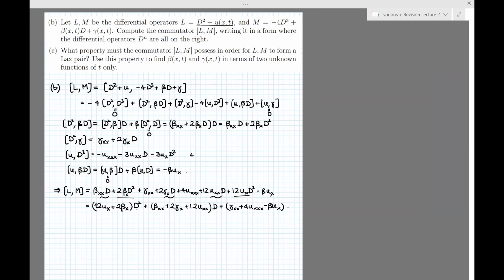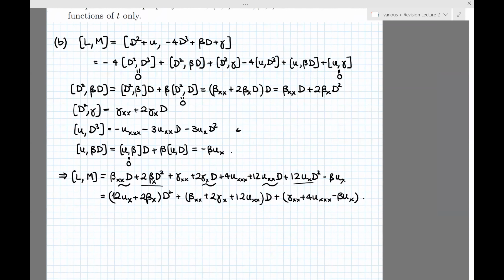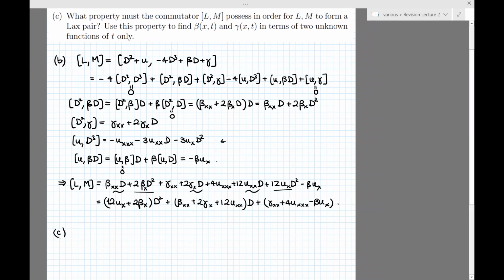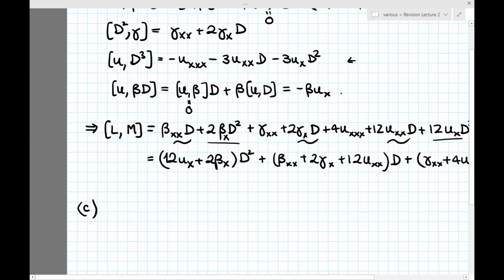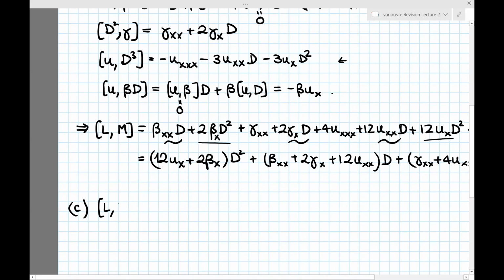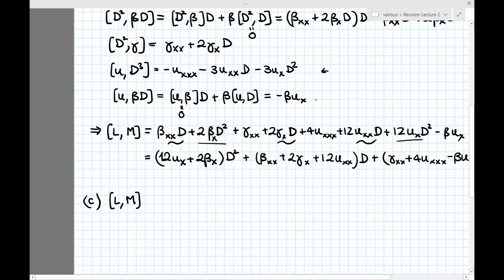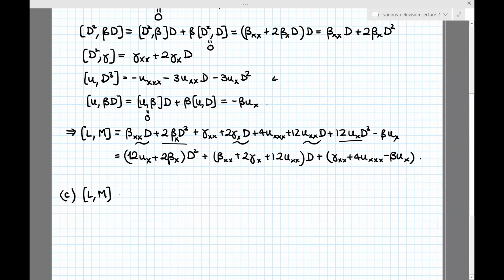So the answer to that question is that the commutator of L and M should be multiplicative.